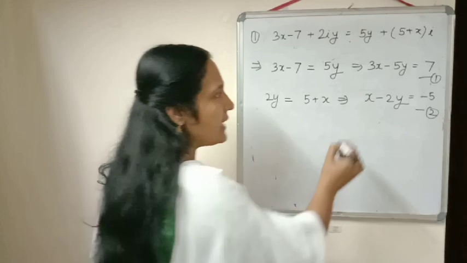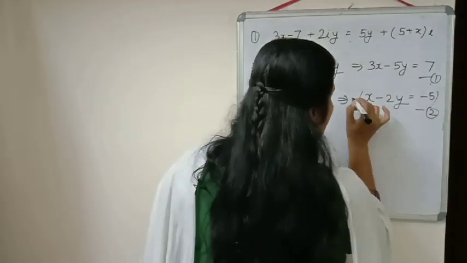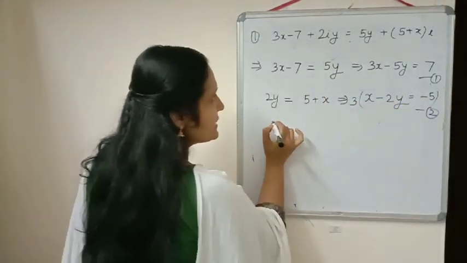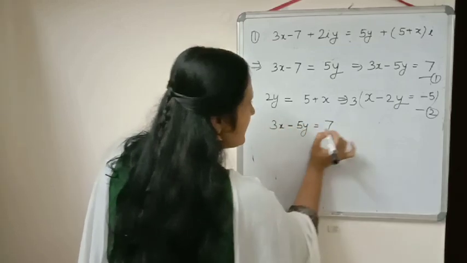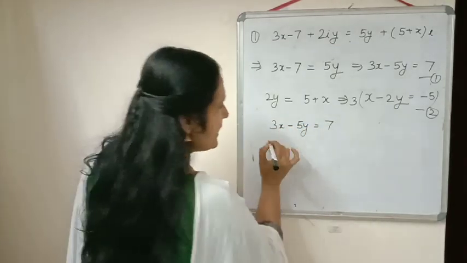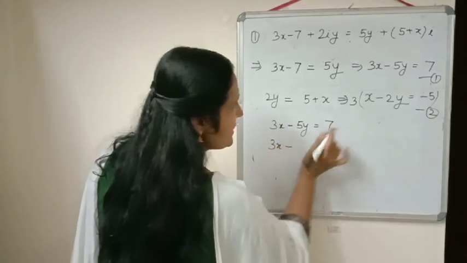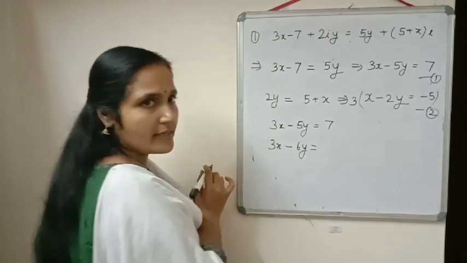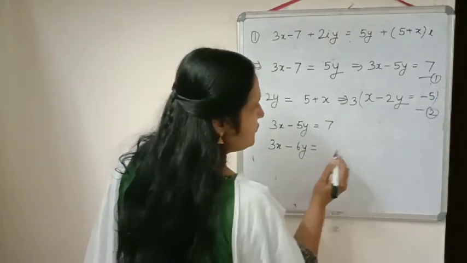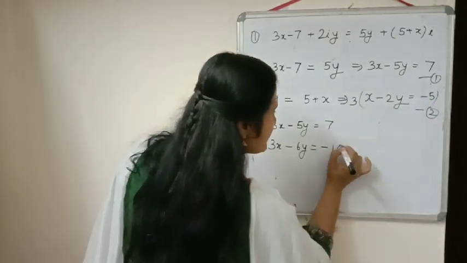So we can multiply the second equation by 3. Now the first equation I am writing as it is: 3x minus 5y is equal to 7. And second equation will become 3x, 3 into minus 2y will be minus 6y, equal to 3 into minus 5, minus 15.